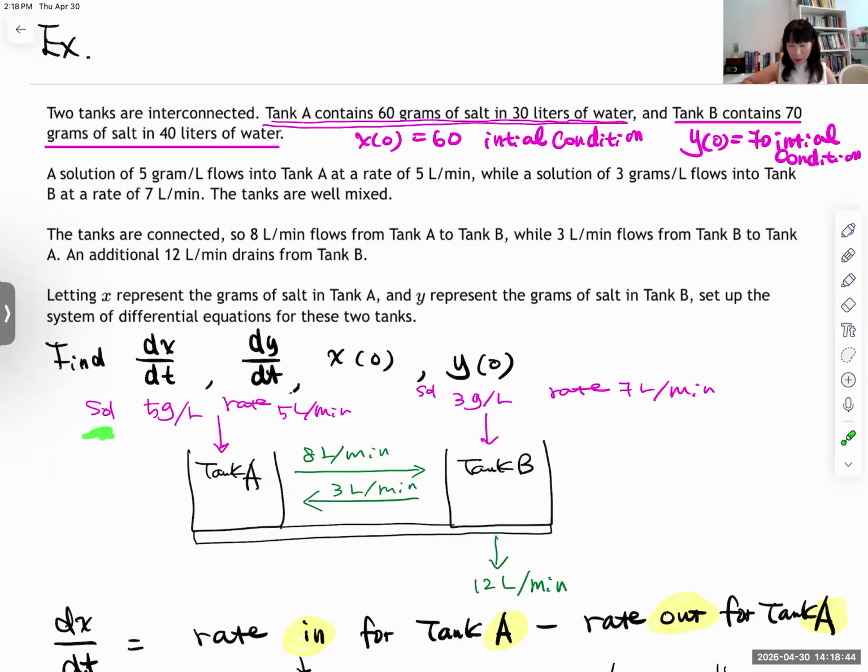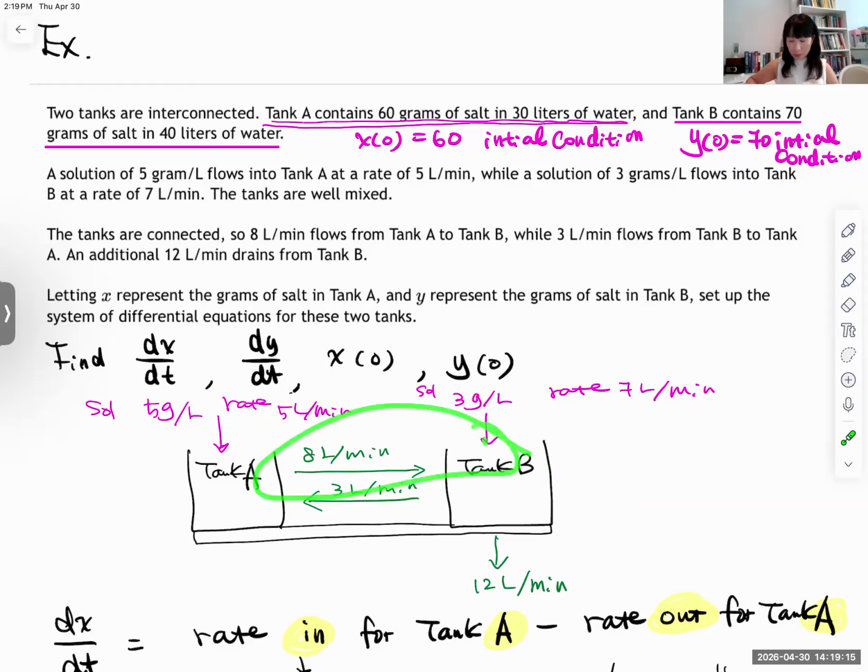So the solution in tank A, 5 grams per liter flows in, right? And the rate is 5 liters per minute. And a solution of 3 grams per liter, at a rate of 7 liters per minute, gets into tank B, right?